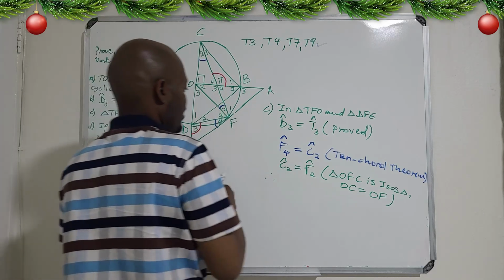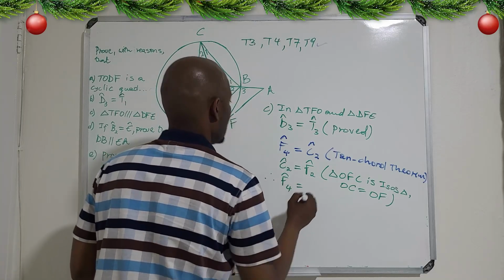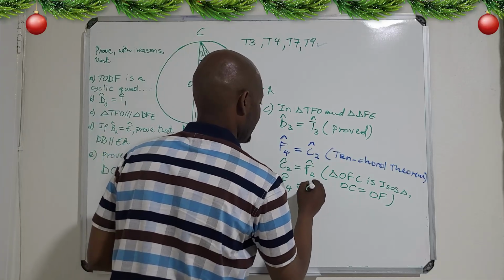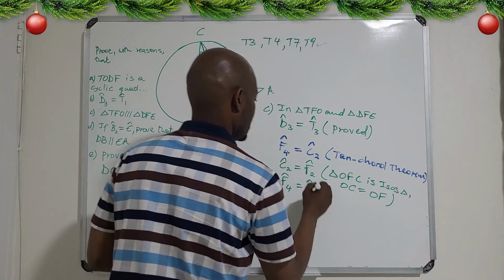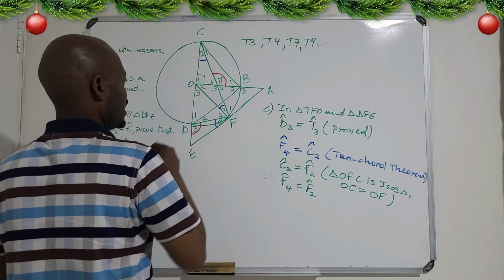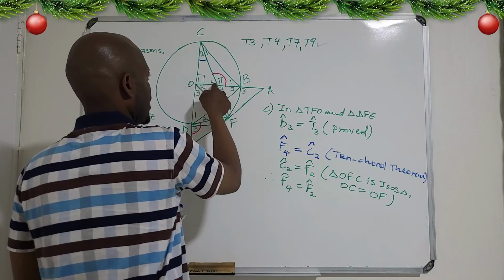Therefore, F4 is equal to angle F2. This angle in this triangle is equal to this angle in this triangle.